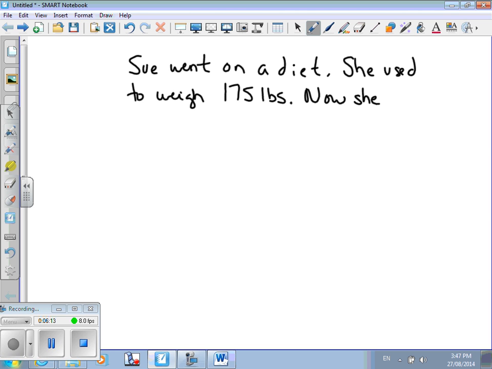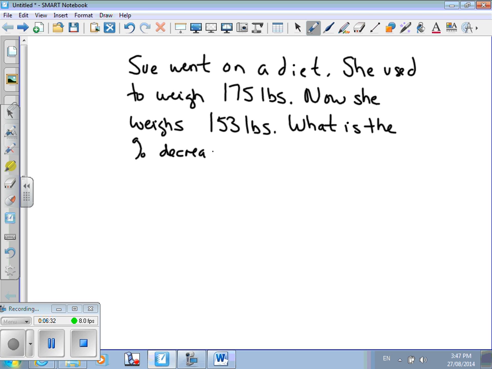Now she weighs 153 pounds. And we'll ask, what is the percent decrease in Sue's weight?